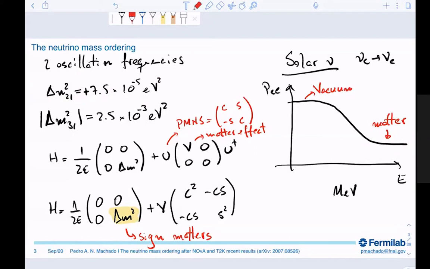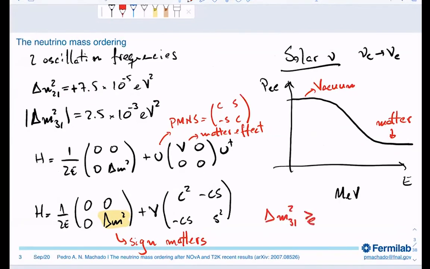And the whole point is that this has not been done for the atmospheric splitting. This has been done for the solar splitting, but not for the atmospheric one. And the reason is just that whenever you're looking at atmospheric neutrinos, the matter potential that you need to see some effect like in the sun would be very large. So it's difficult to see that. It's just very challenging, okay?